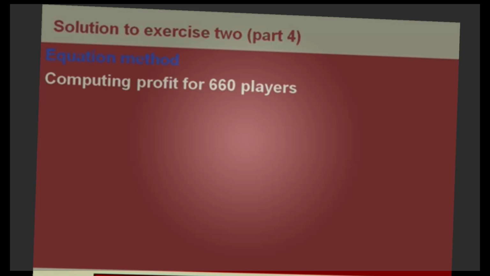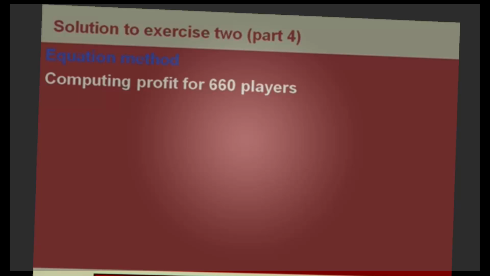If you follow her strategy, sales went up 10%. So, we're trying to figure out the bottom line profit for 660 players. It was 600 before. She says if you follow the strategy, the sales would increase 10%.